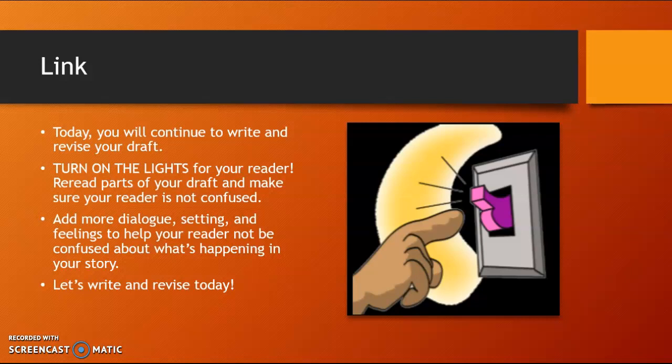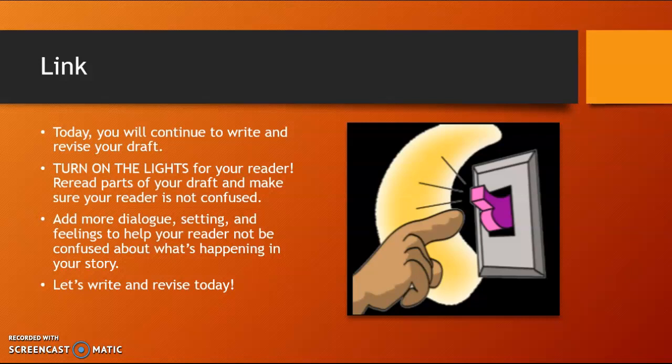Then you can go back and add in to those parts the settings so that your reader's not left in the dark anymore. So I strongly suggest that you go through and you do that to your paper. And so you're ready to help your reader.